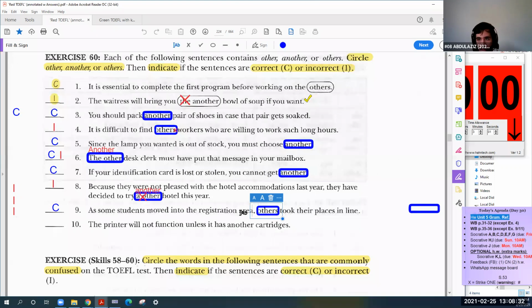First of all, is it singular or plural? Plural. Specific or general? General. Adjective or pronoun? Pronoun. Exactly. That's correct.